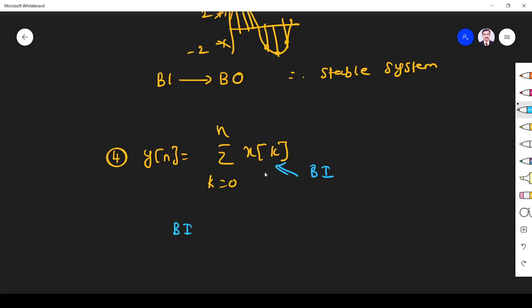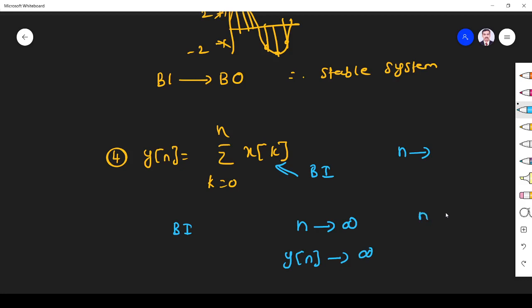But when n tends to infinity, what will happen? This will become infinite. Even though the input value is 1, when n tends to infinity the summation will become infinite, that is, y of n becomes infinite.